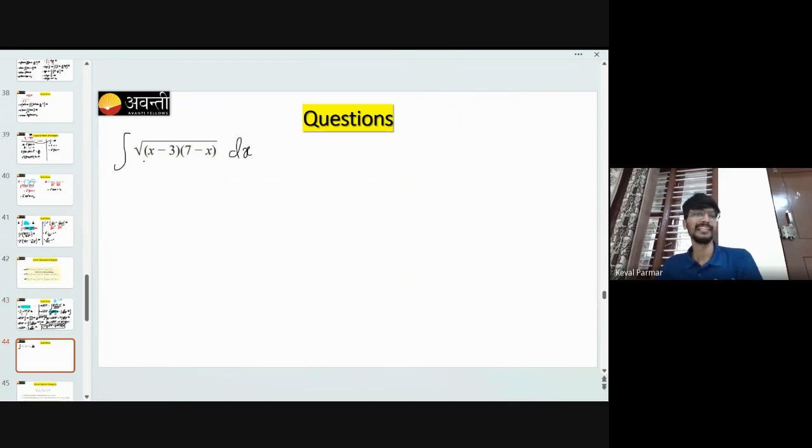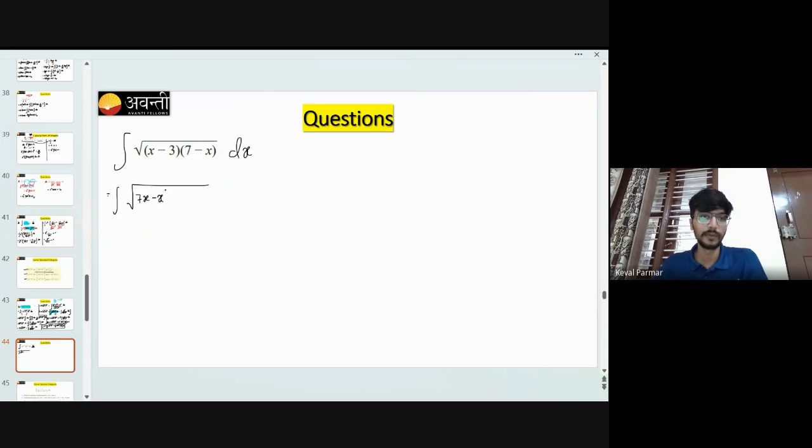Here, integration of under root of this. So I need to open the bracket, I guess. If I open the bracket, what I'll get here? 7x minus 7x, right?